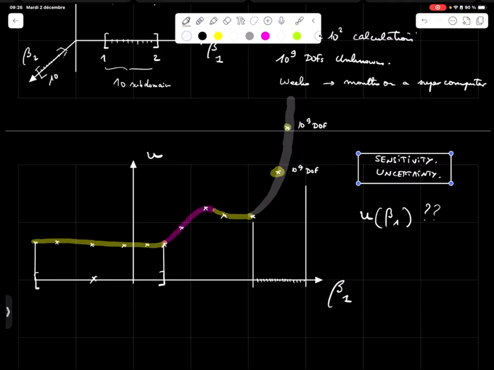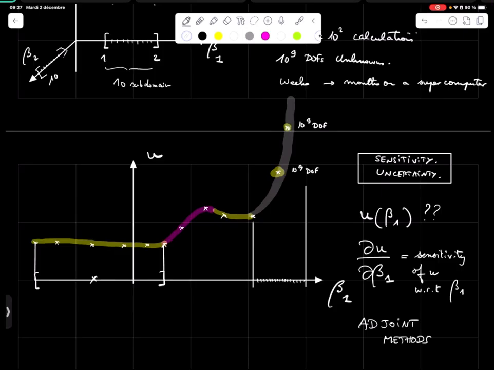You can actually do something super amazing: you can compute the derivative of u with respect to beta 1, and that is equal to the sensitivity of u with respect to beta 1. And here the keywords are adjoints, so adjoint methods.